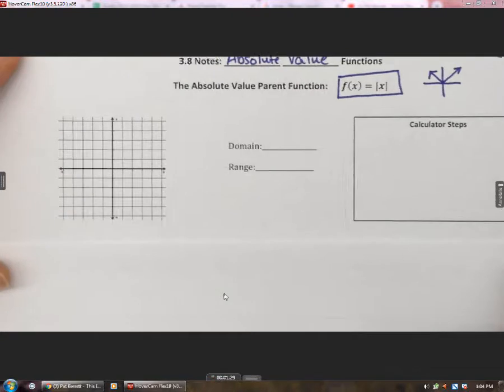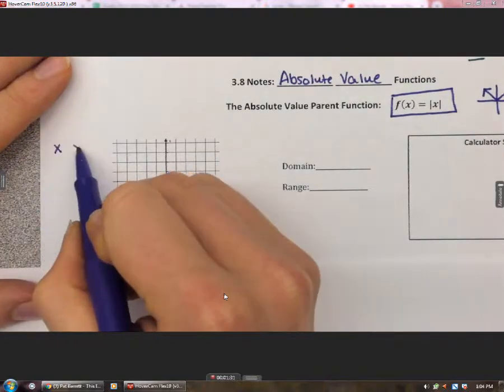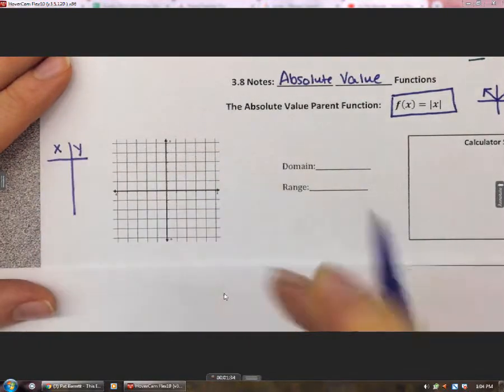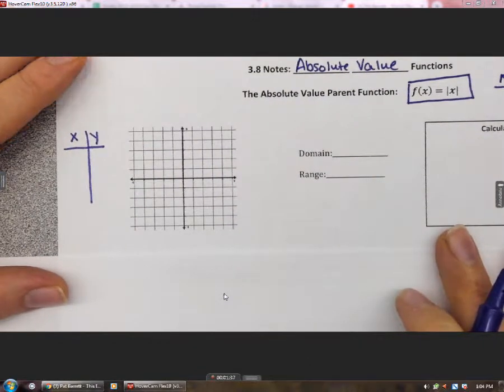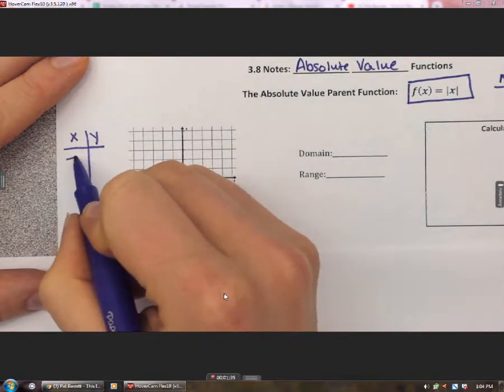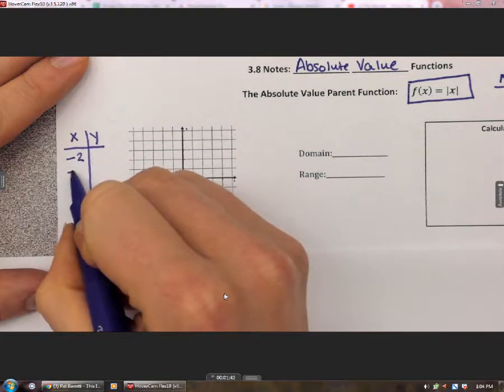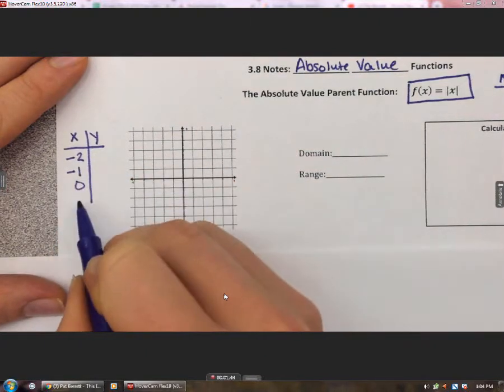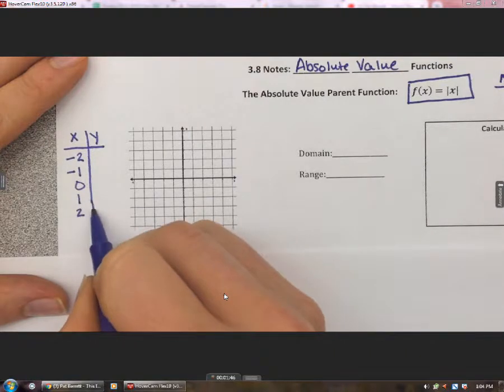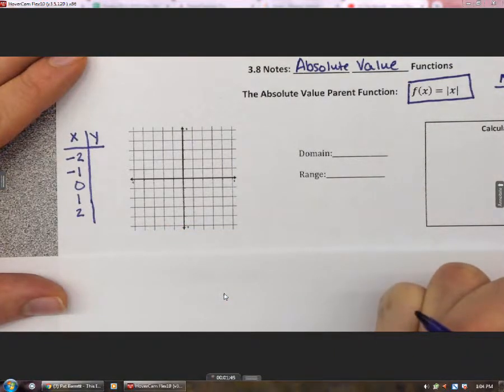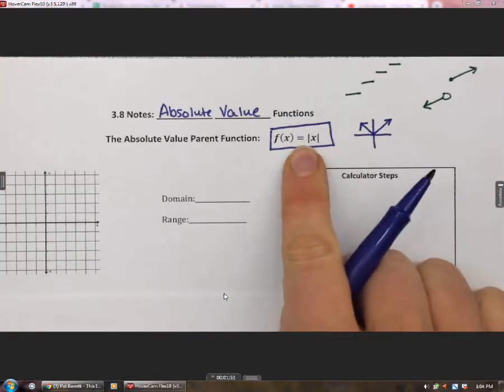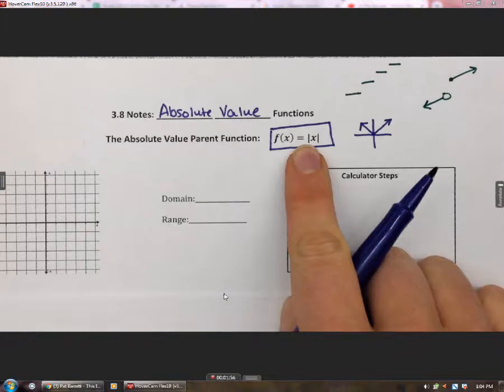Absolute value, if we made a table of x and y values, and if we plugged in -2, -1, 0, 1, and 2 into our equation, I want to see what would happen. So up here in my equation, if I plug in -2, what would I get out? The absolute value of -2 is +2.